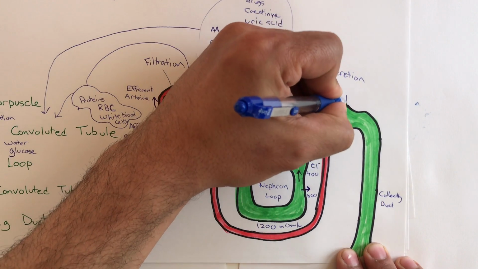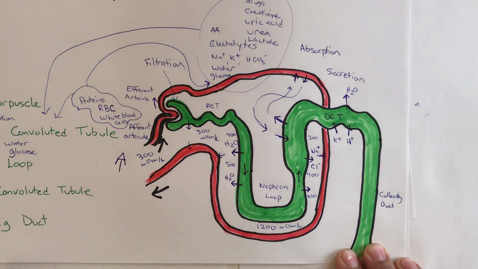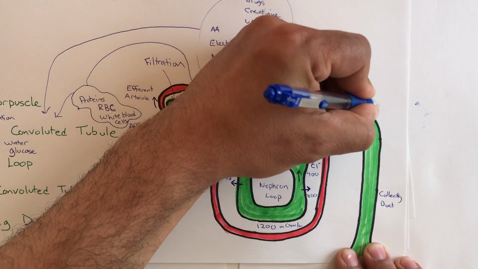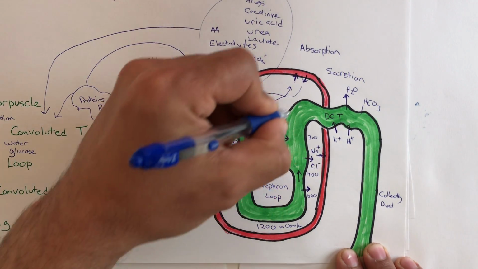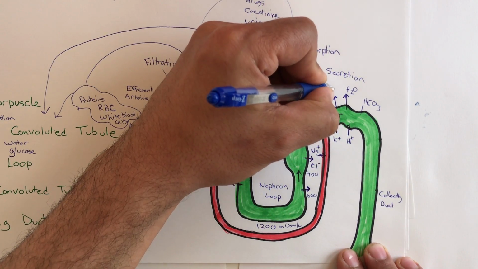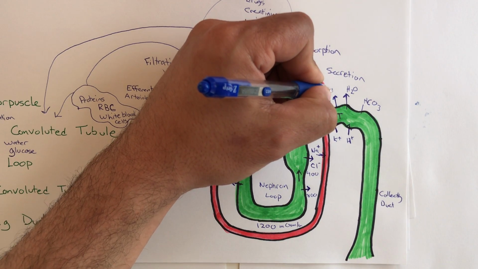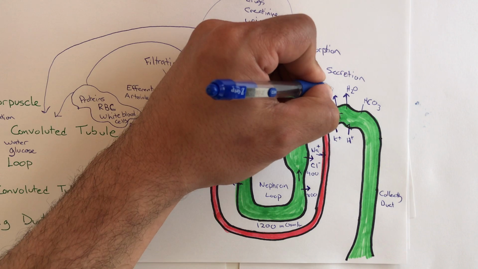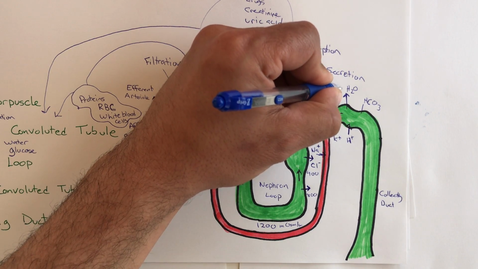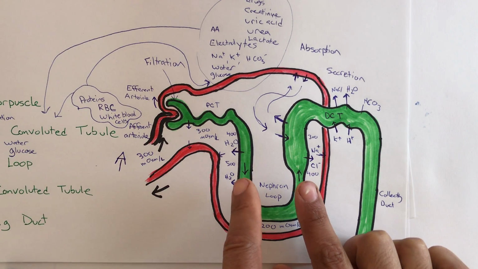Some extra water reabsorption if we need, and bicarbonate, and sodium and chloride. But this is definitely residual. We're talking minor here, not major. The major water reabsorption and the major sodium chloride reabsorption occurs in the nephron loop.